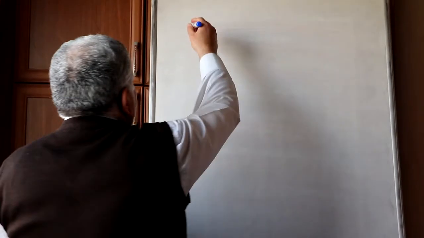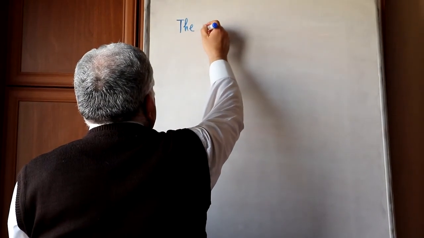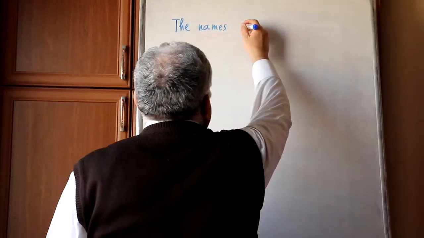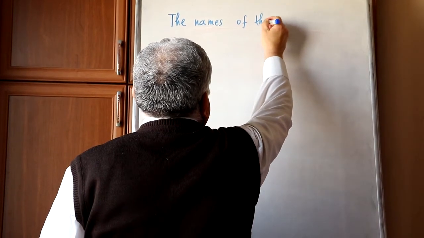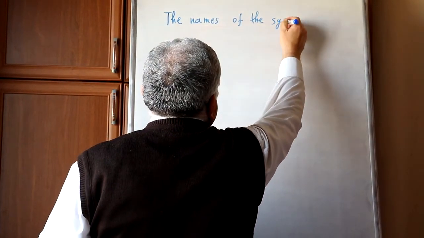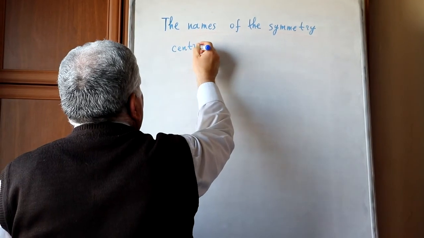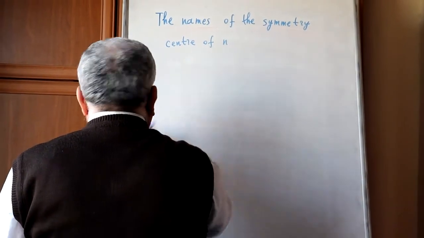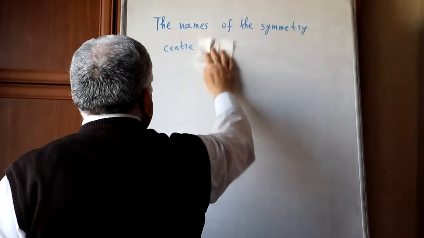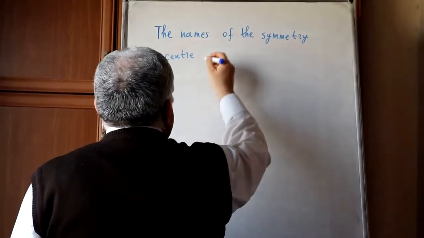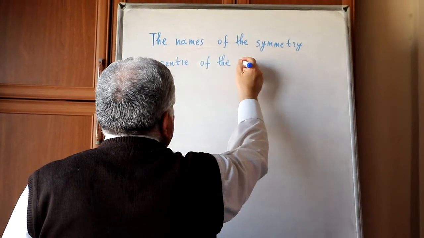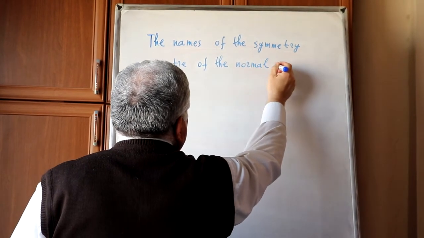Now consider all the names of the symmetry center of the normal distributive density.